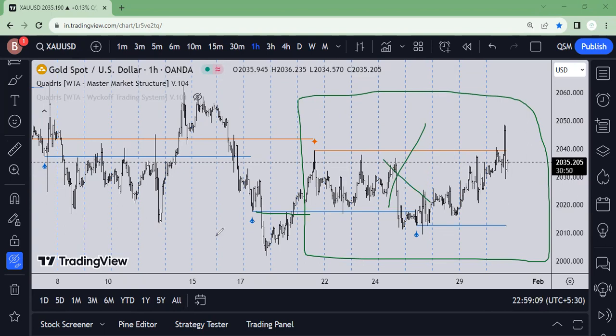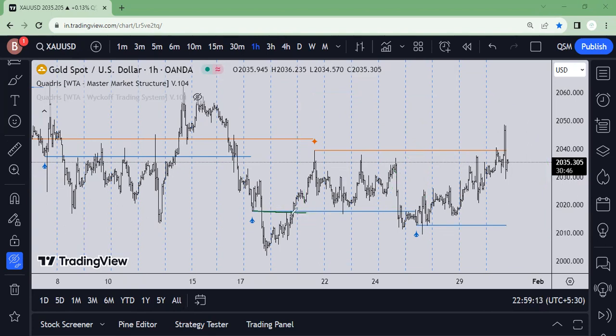Based on that, if this level keeps on extending, it has to prove itself, whether it is being supported or respected, or price is just going past it, up and down, up and down.